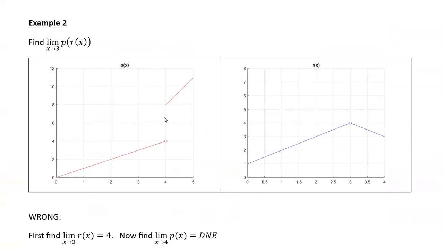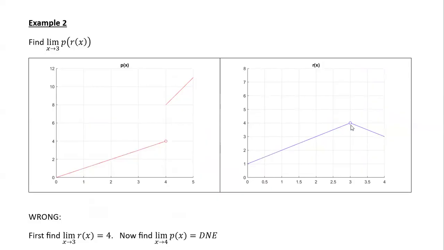It doesn't work like that. Here in this case, notice that as x approaches 3, r of x is still approaching 4, but from values less than 4, like 3.9, 3.99, 3.999, 3.9999, and so on. So what does that mean?